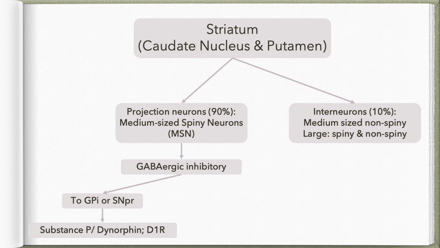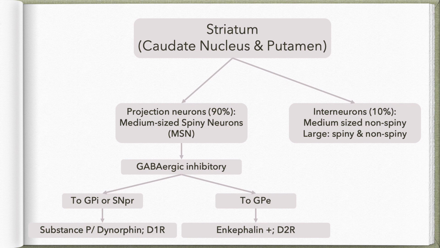And the second subset of the GABAergic inhibitory projection neurons include those that project to globus pallidus externum. They are rich in enkephalin and they express D2 type of dopamine receptor on the surface. Now these two subsets have very different connections and very different functions.